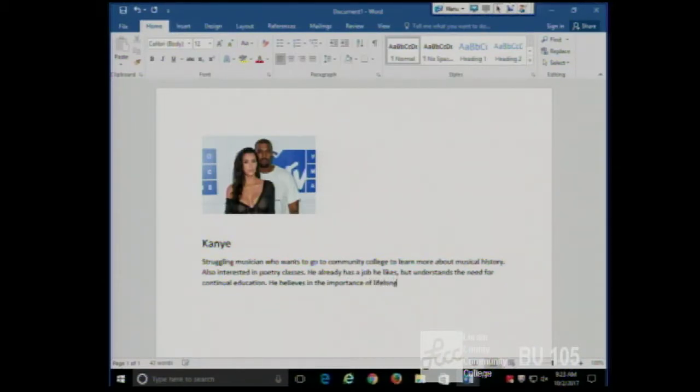As an adult learner, he has different goals than traditional students, as he has to keep up with job and family responsibilities.